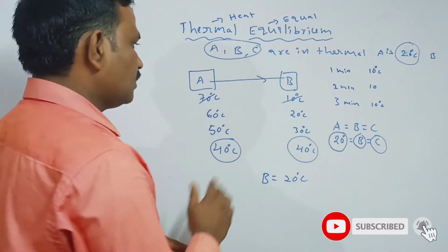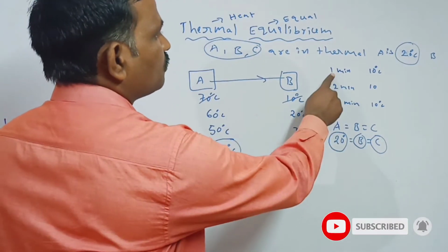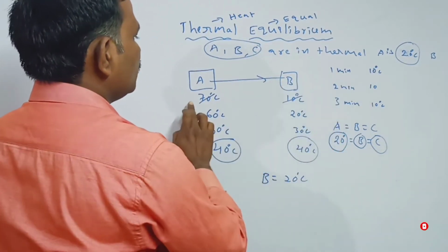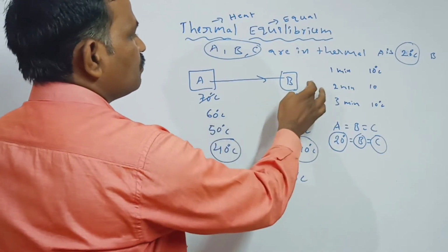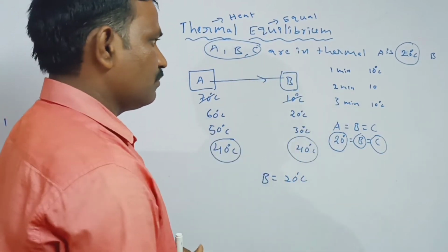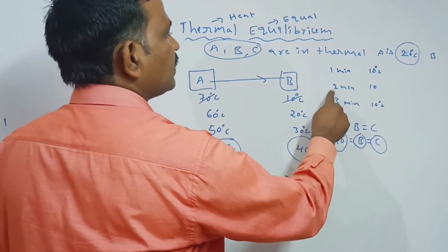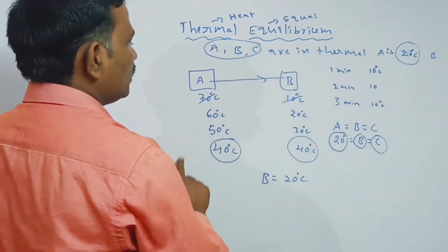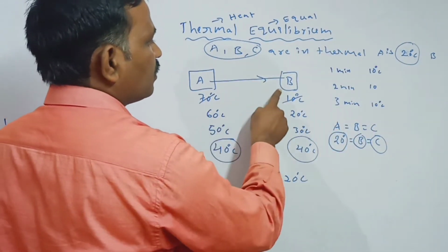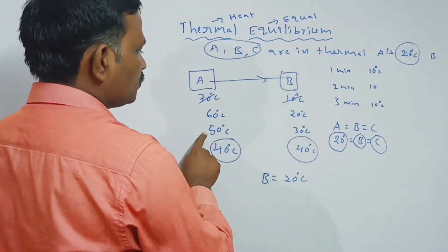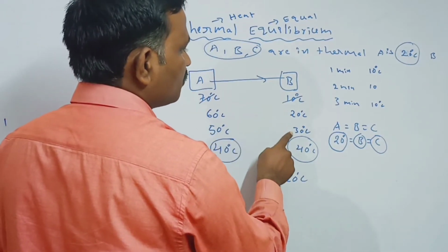That means, for example, in the first minute 10 degrees transfer, then A's temperature becomes 60 and B's temperature becomes 20. In the second minute, another 10 degrees Celsius is transferred, then A's temperature becomes 50 and B's temperature becomes 30.